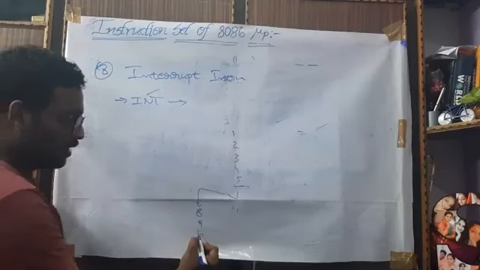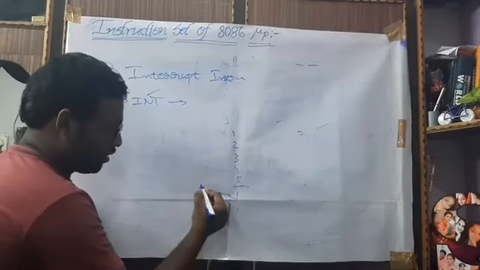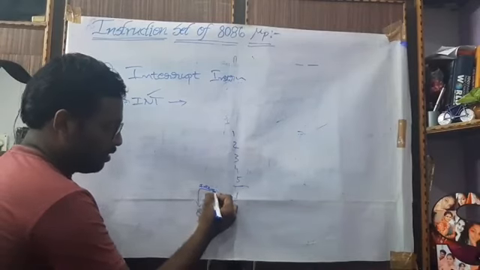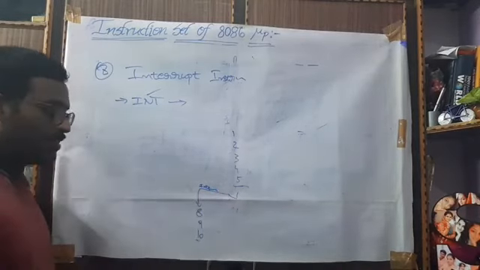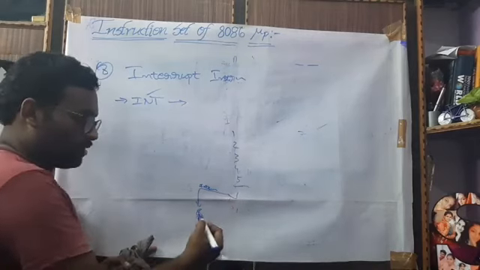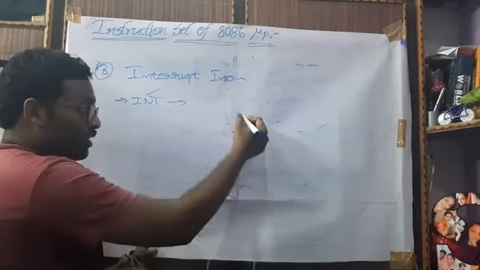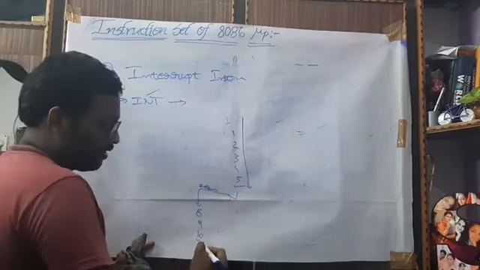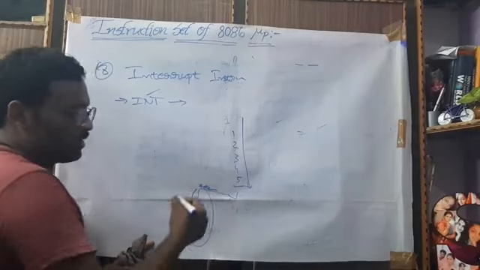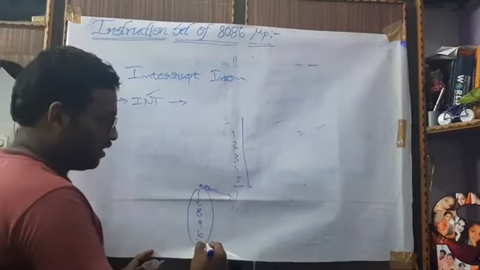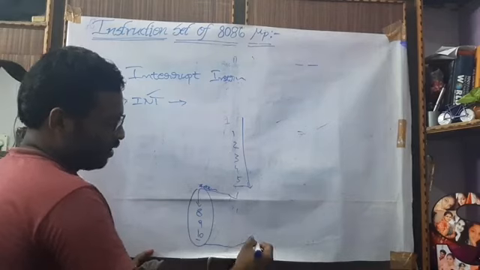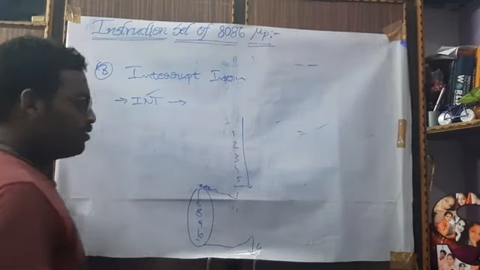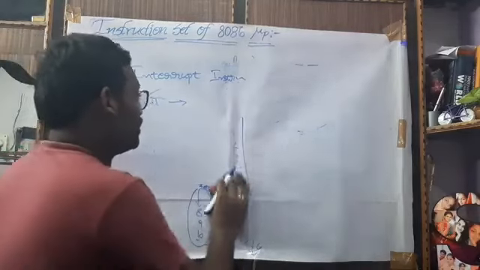Suppose the 8th one is an interrupt instruction. If this interrupt instruction comes, the normal execution cycle of the processor breaks there, and we service the interrupt, and then we come back into the regular sequence, which starts with number 6. Okay, so this is about the interrupt instructions.